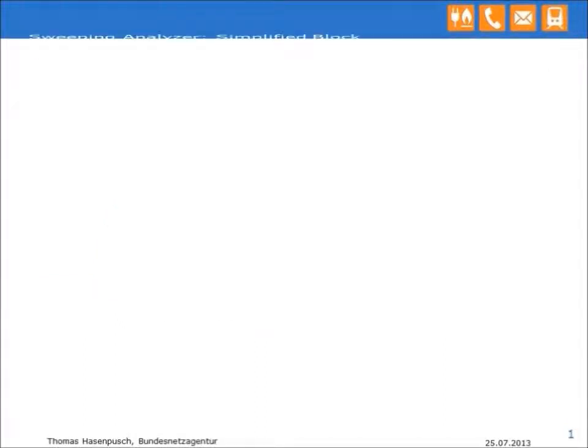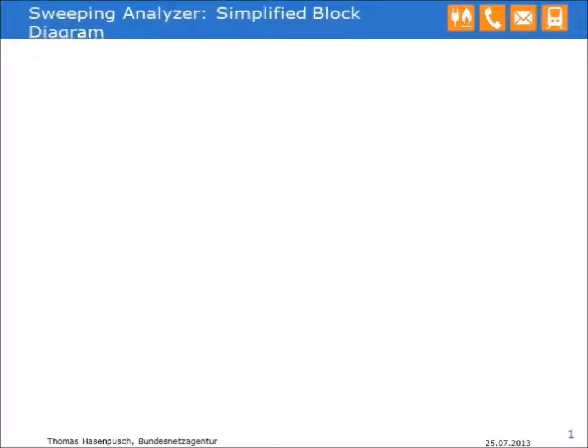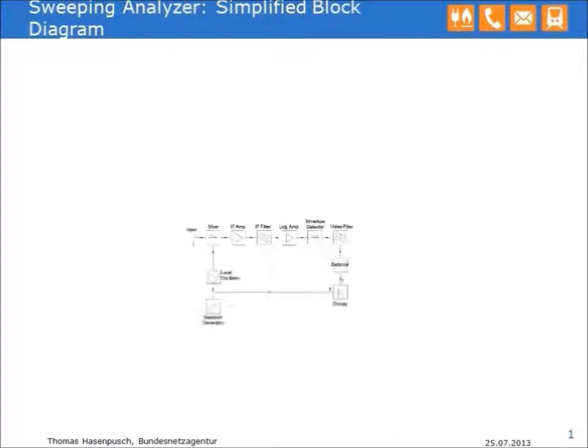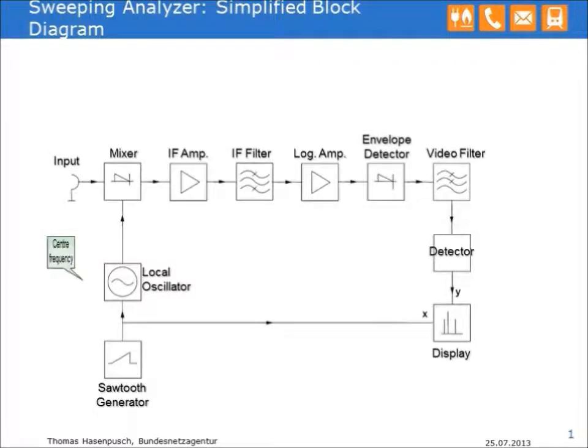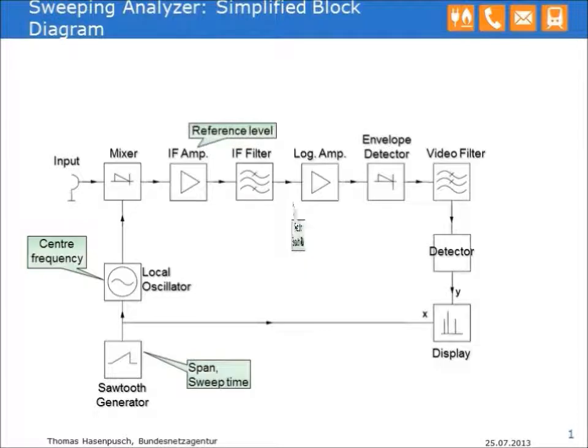Oh, actually, I wanted to skip this sheet because the time is a critical factor in the presentation. Actually, you have it on the DVD that you get, but these are the different components of a sweeping analyzer that we don't want to get too much in detail about at this point.